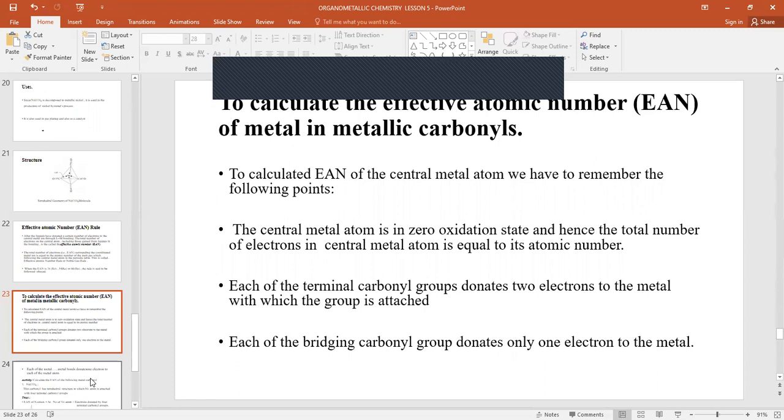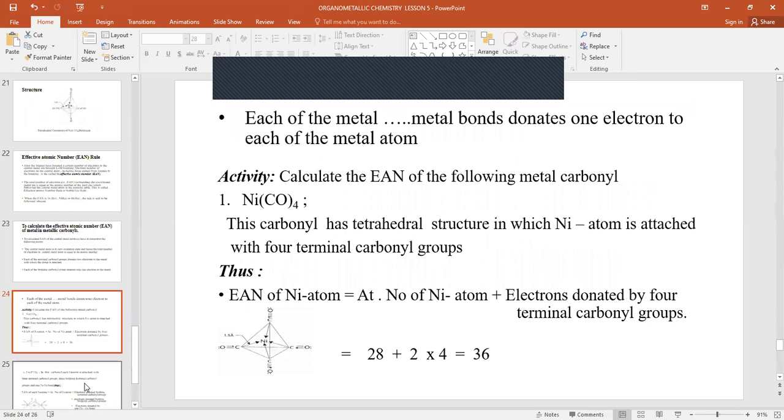So if the metal is in zero oxidation state, the total number of electrons is equivalent to the atomic number of that atom. Each terminal carbonyl group donates 2 electrons to the metal with which the group is attached, and each bridging carbonyl group donates only 1 electron to the metal atom. Each metal-metal bond donates 1 electron to each metal atom.